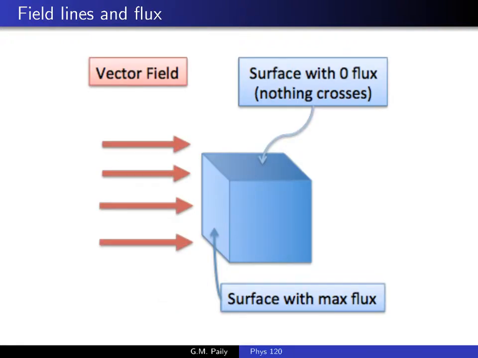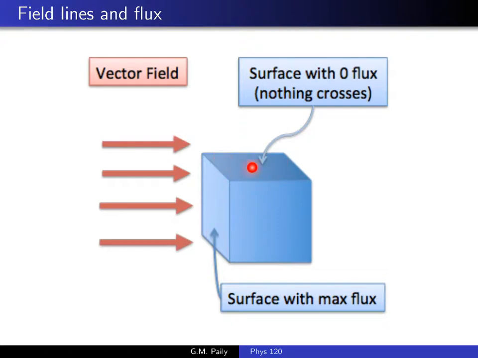Let's be clear about what we mean by piercing through. If I put a cube like this in a uniform electric field, which is pointing to the right, then this face of the cube will have a lot of field lines piercing through it.